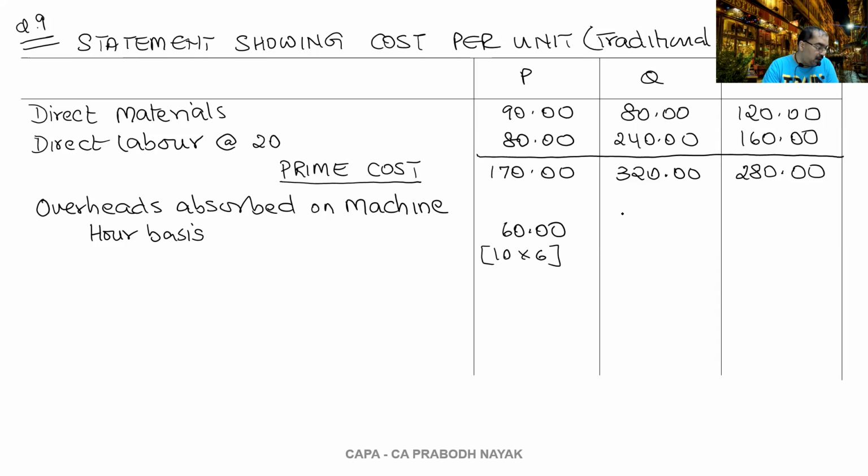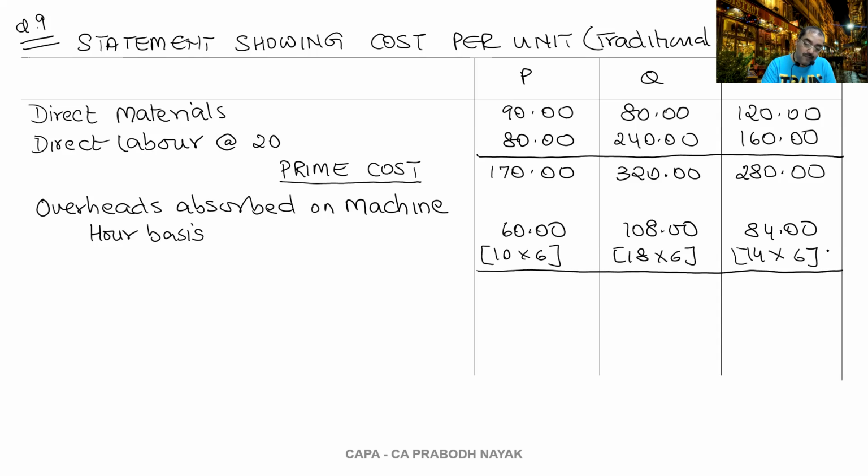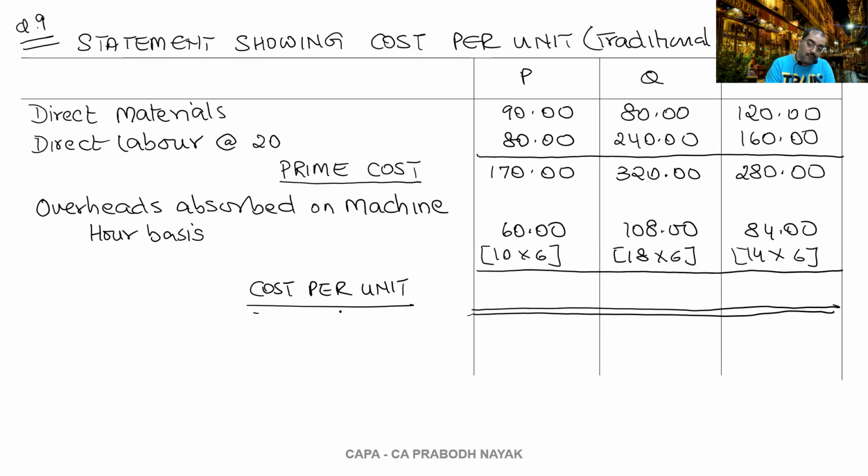Then 18 into 6, 108, and 14 into 6, 84. Cost per unit: 230, 428, 364.